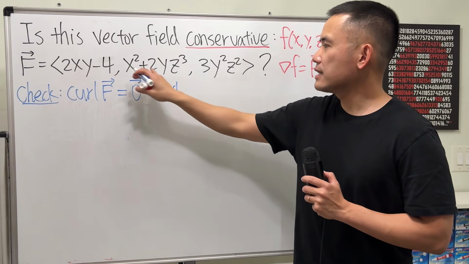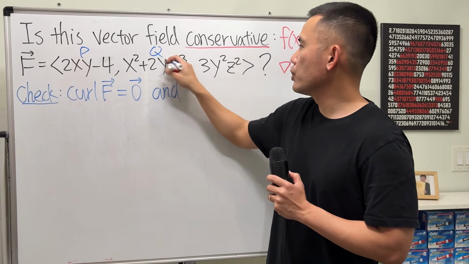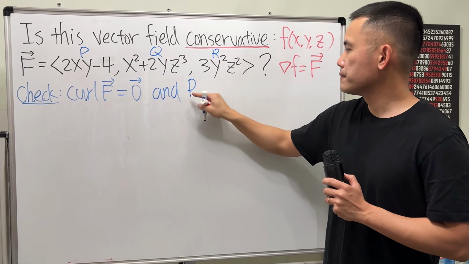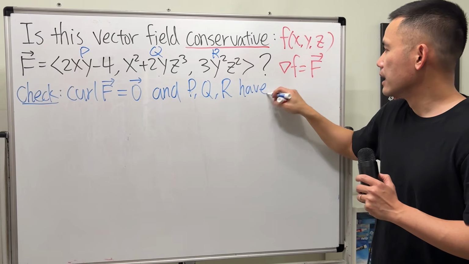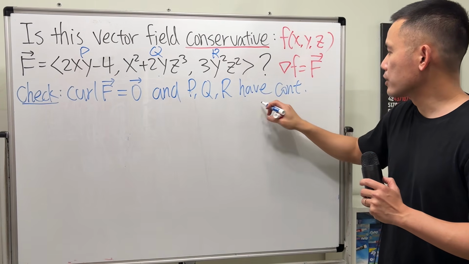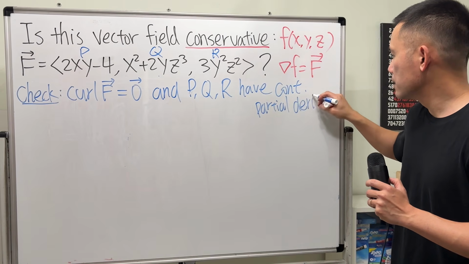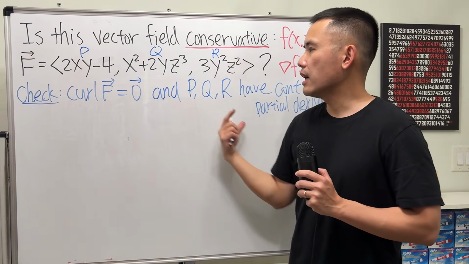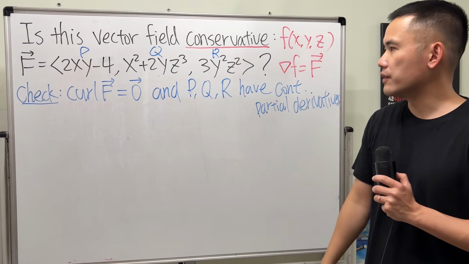These components here, usually you can call them P, Q, R. So just say P, Q, R have continuous partial derivatives. If this and that are satisfied, then we can be sure that our vector field is conservative.